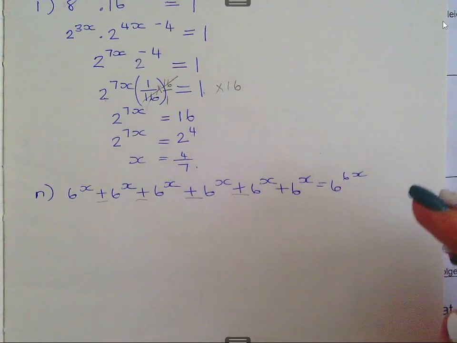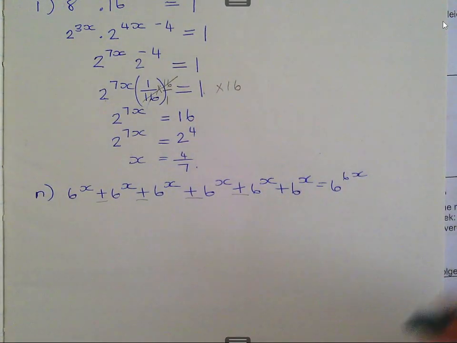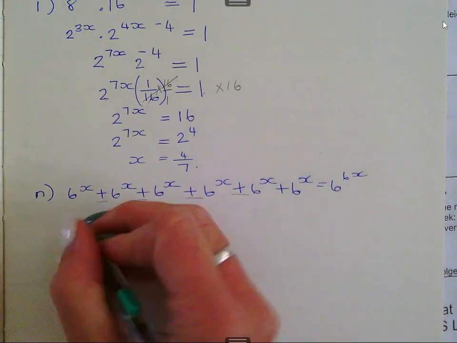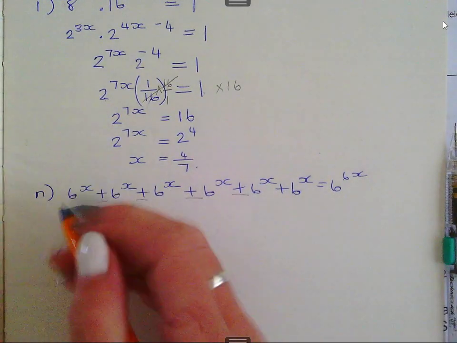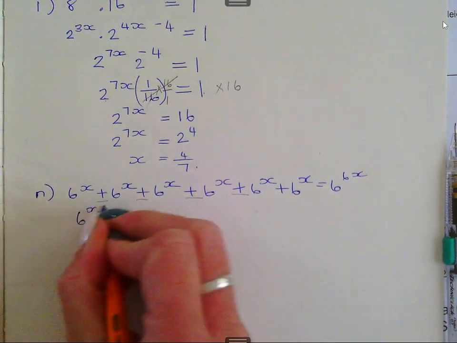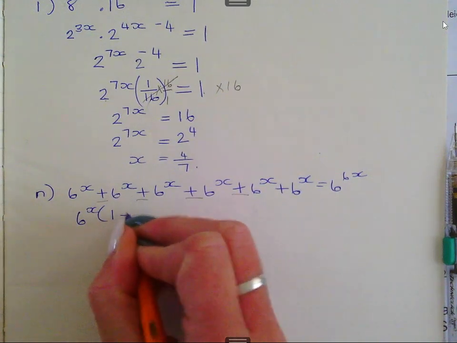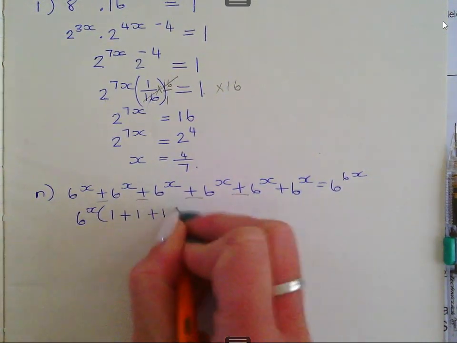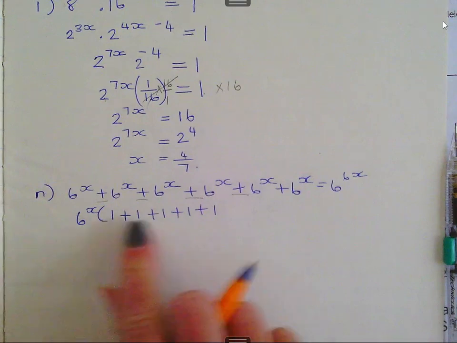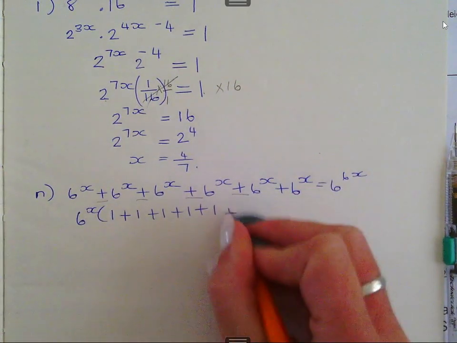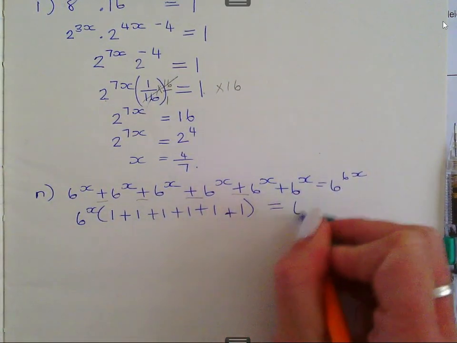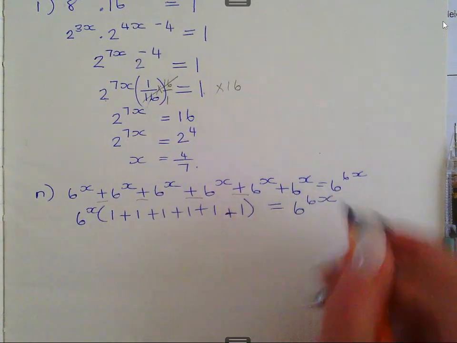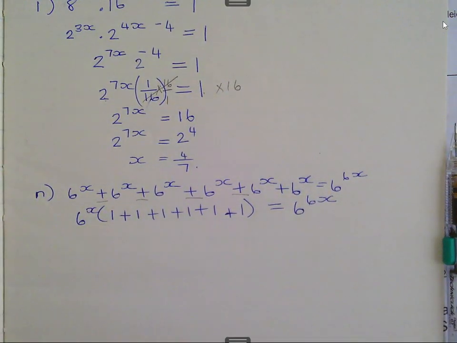But it doesn't matter, you can do that. What would you take out? 6 to the power of x. What would remain? 1 plus 1 plus 1 plus 1 plus 1 plus 1 equal to 6 to the power of 6x. And then what would that be if you add them?